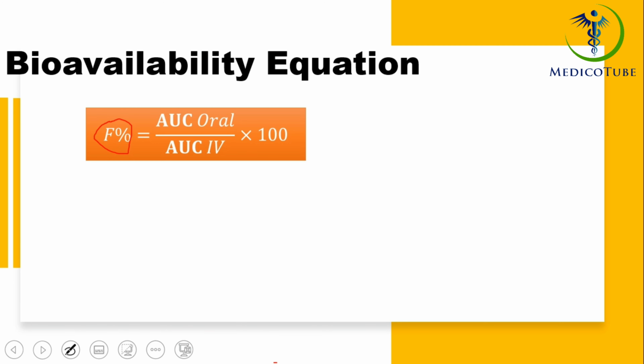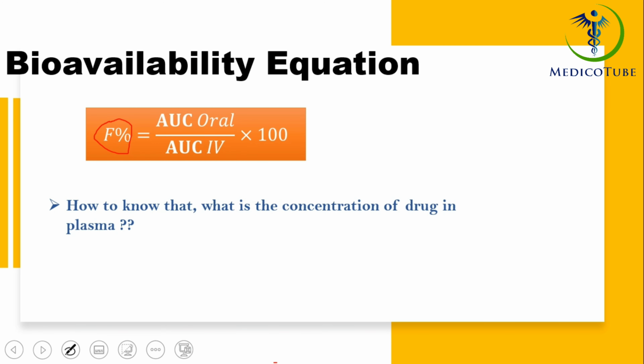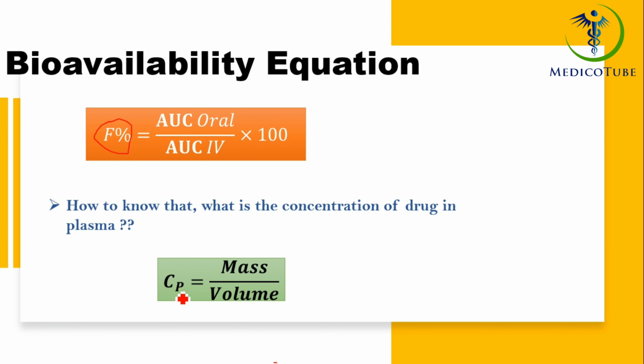First, let's see how to know the concentration of the drug in plasma. The concentration of plasma is calculated by: concentration of plasma is equal to mass divided by volume.